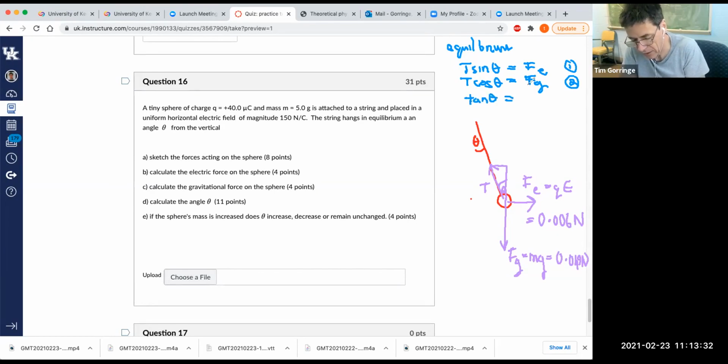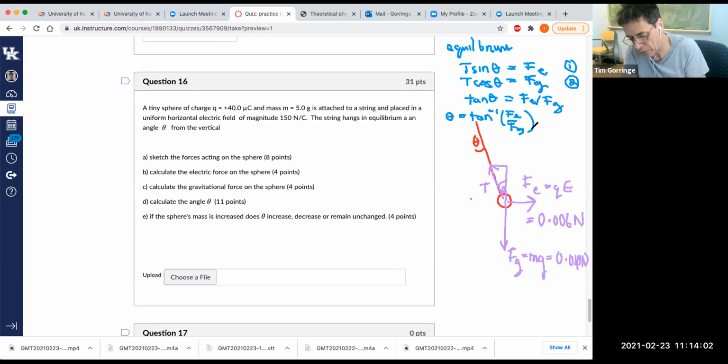And tan theta will equal simply the ratio of the electric and gravitational forces. And so the ratio of the electrical and gravitational forces is really determining the angle. If I take the inverse tangent of both sides, the angle itself is just the inverse tangent of the ratio of these forces.